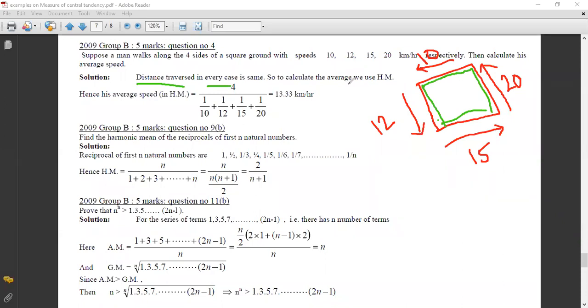I repeat again, for this particular example, when the distance traversed is fixed but the speed different, for the different direction, we always use the harmonic mean instead of arithmetic mean. In general, for this type of example, we always use harmonic mean.